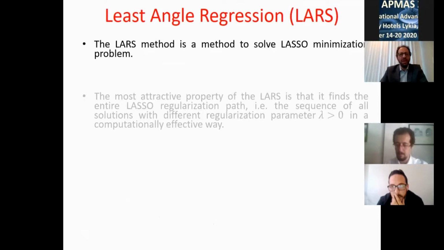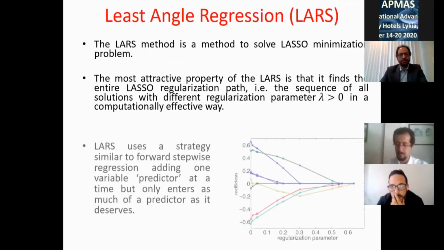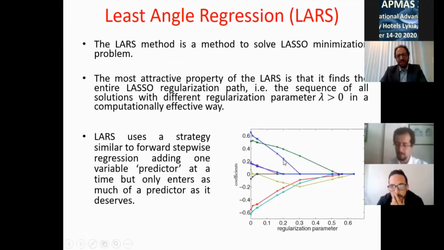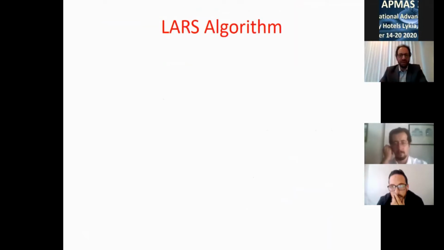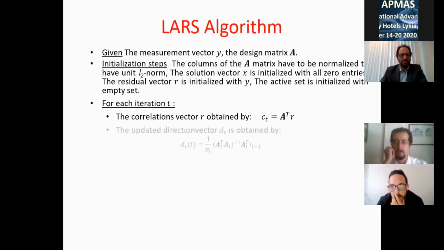So the idea here is this LARS allows us to get the solution that we're looking for through building this solution starting from a zero solution, and you build it one coefficient, one value at a time. And you keep doing this until you reach the right level of fitting error and sparsity that you find to be acceptable.